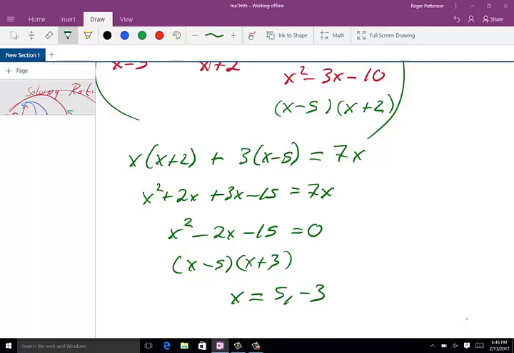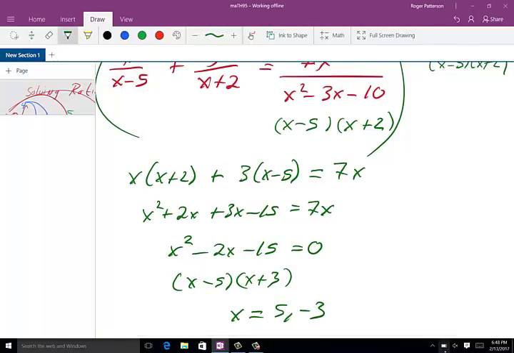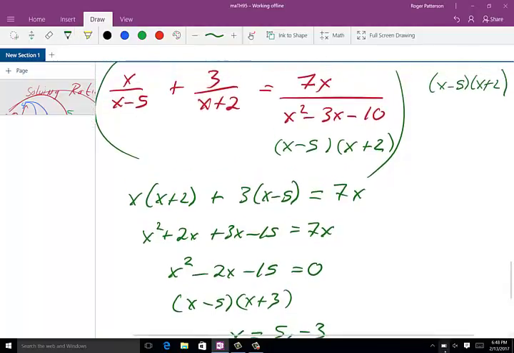Okay, everybody agrees with that? I just had a question. When you get to the trinomial with 5x for the middle term, how exactly did you know to subtract 7x from that?